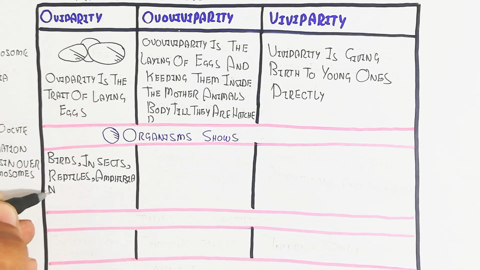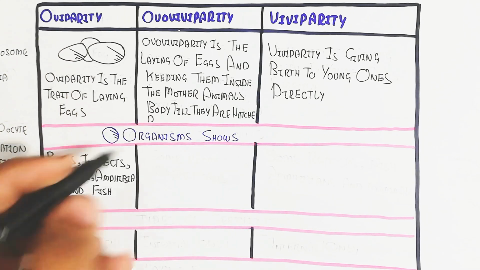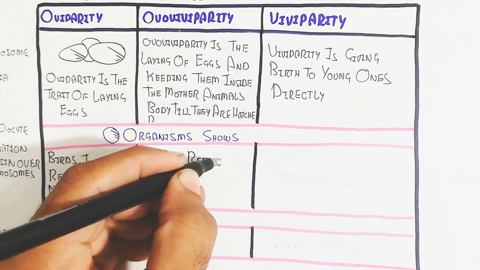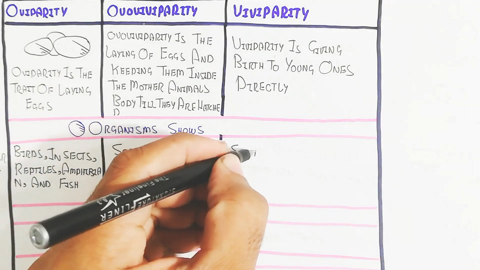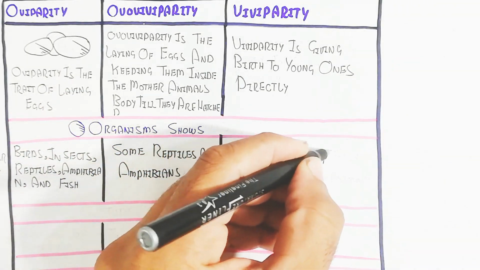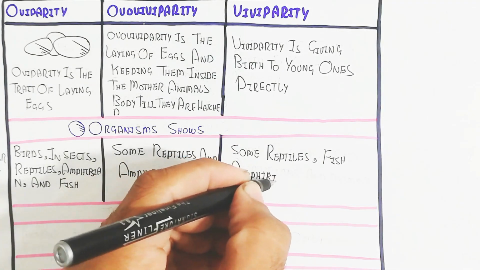The organisms showing oviparity include birds, insects, reptiles, amphibians, and fish, while ovoviviparity involves some reptiles and amphibians.